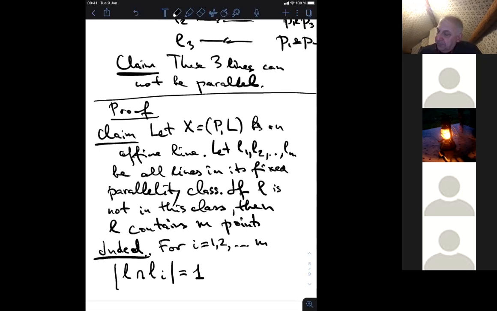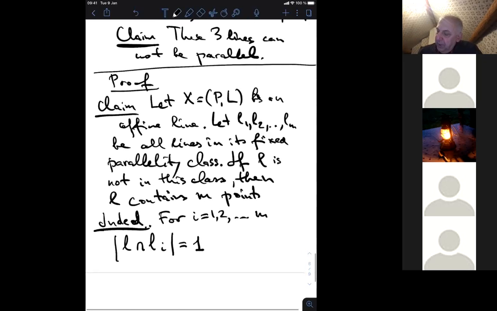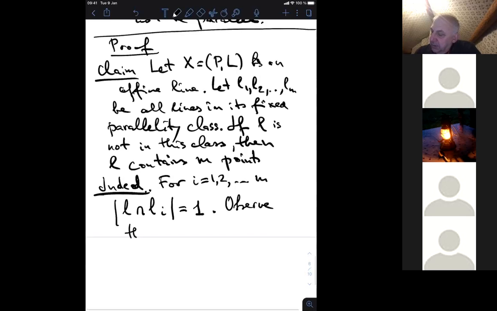Also, observe that the union of all Li's, i from 1 to m, is our whole plane P, because this was one of the axioms.